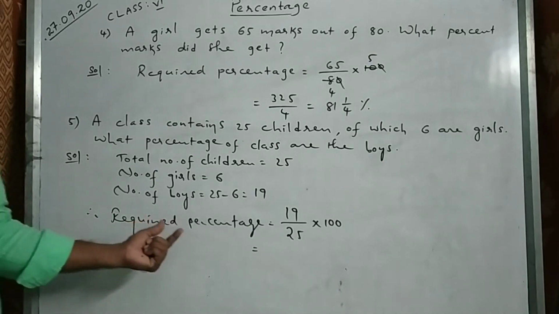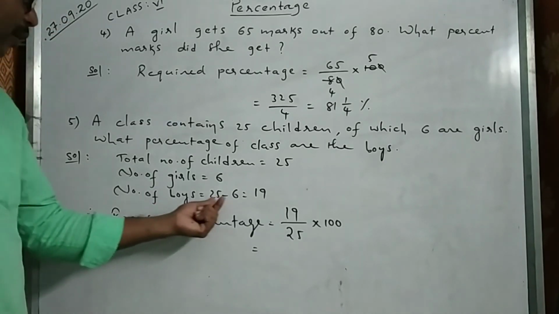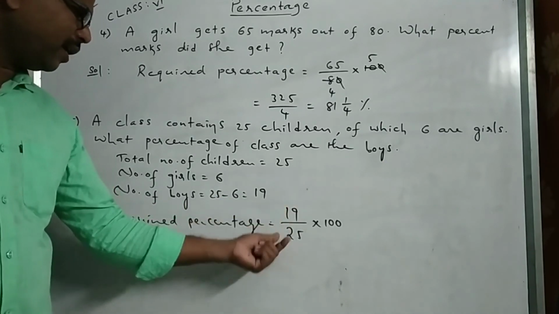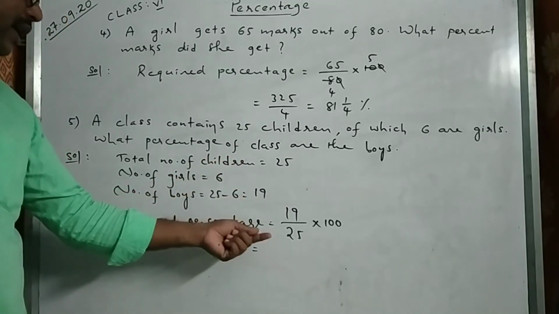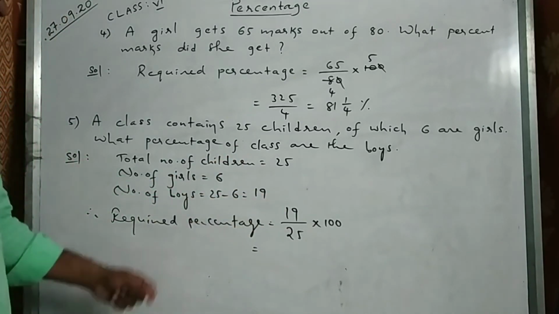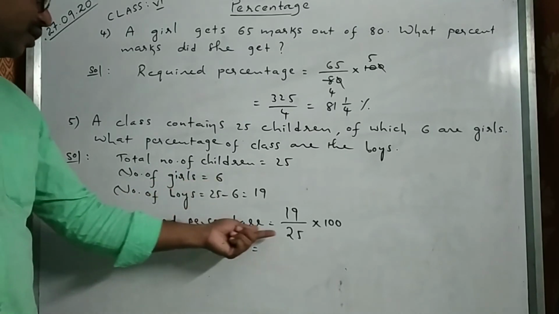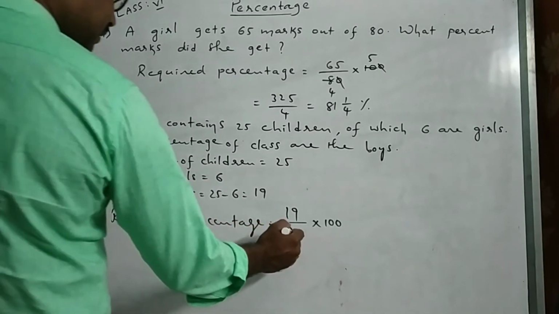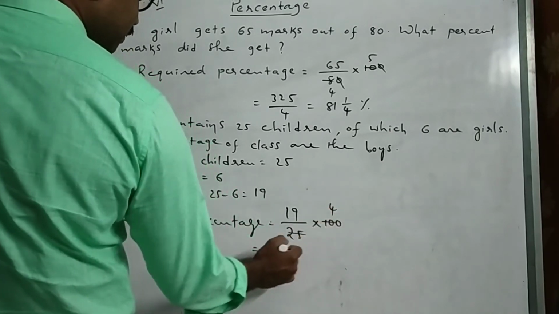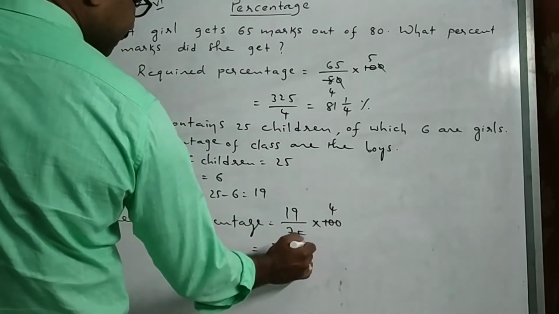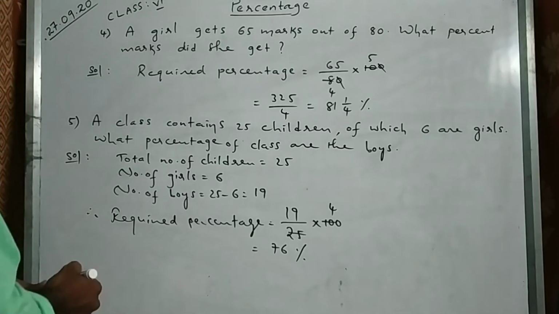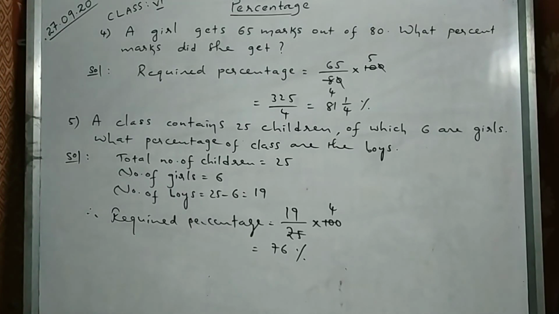To find the percentage of the boys, how many boys we have in the class? 19 upon total how many? 25 into 100. Suppose if you like to find the percentage of girls, 6 by 25 into 100, like that. So 25 ones, 25 fours, 76%. Okay, so that is the final answer.